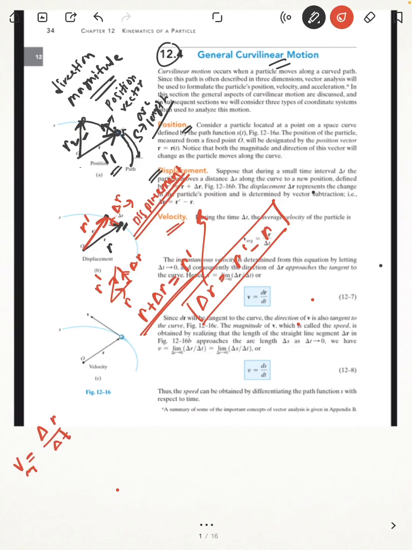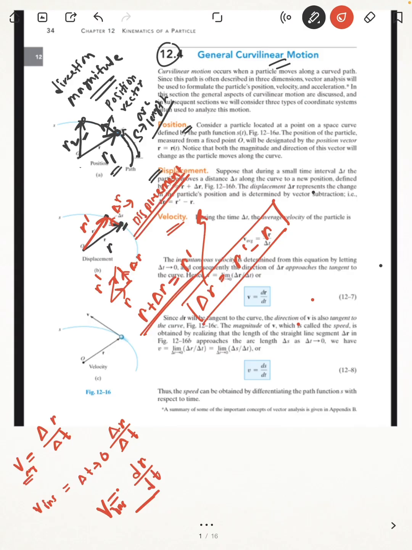There are two kinds of velocity: one is the average velocity, and another one is the instantaneous velocity, which is when del t approaches 0. Then del r by del t can be further written as dr by dt. That is basically the instantaneous velocity.